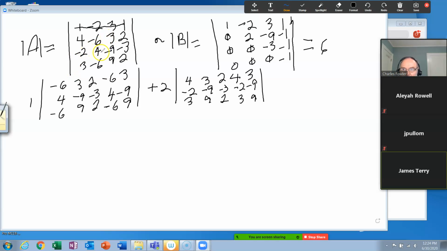And this time I'm doing the 3. Now first, what's the sign of this position? The cofactor sign of that position? Plus, minus, plus. So that's a plus, and it's a 3, so it's going to be a +3. Then we do the determinant of what's left.